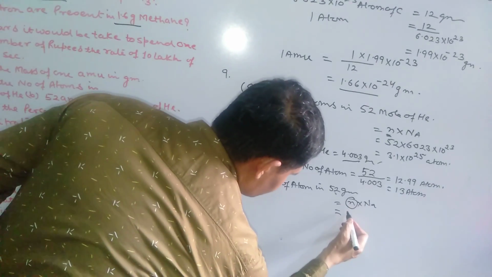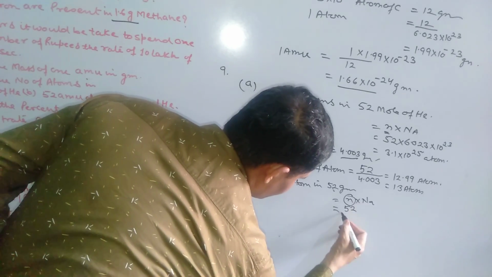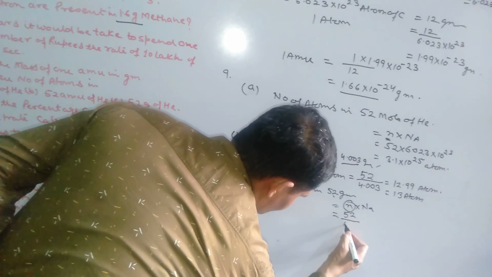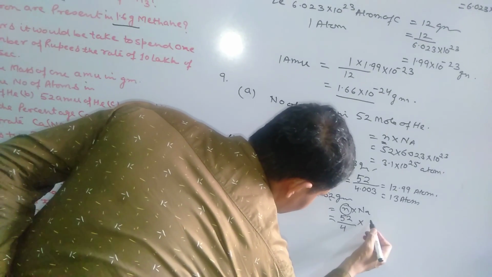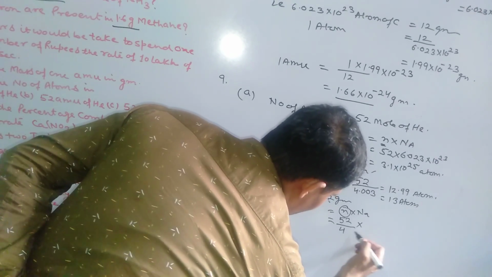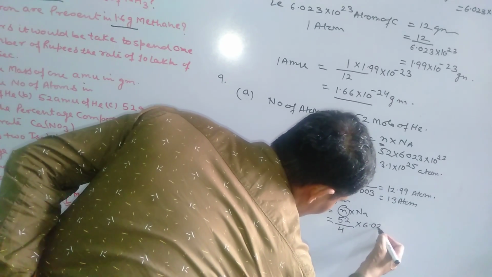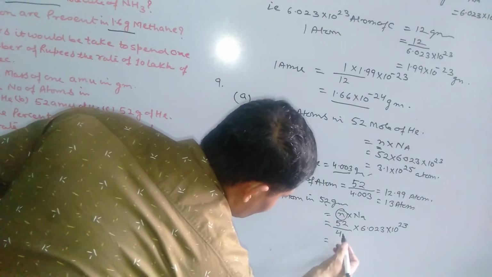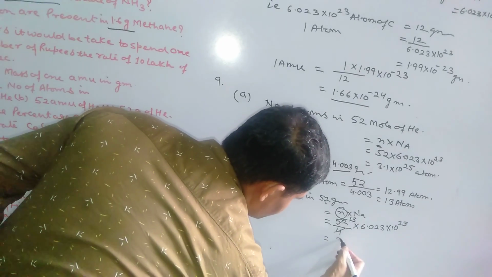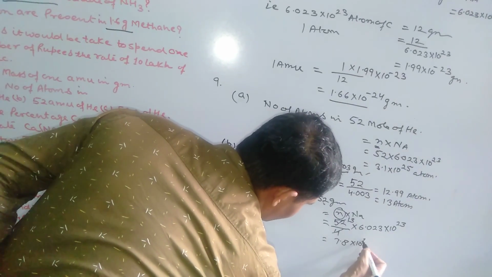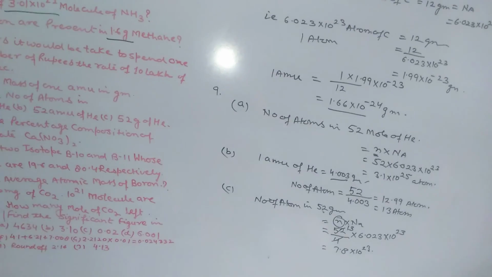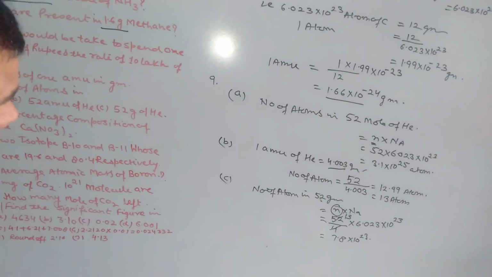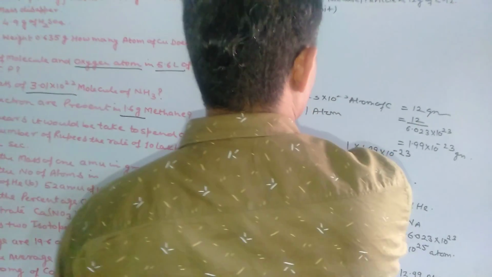N will be calculated as mass of substance in gram, 52, divided by atomic mass, which is 4, and Na equal to 6.022 into 10 to the power 23. Hence the number of atoms will be 7.8 into 10 to the power 23. That is the question 9.